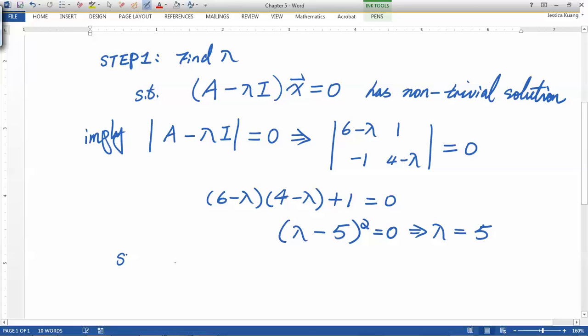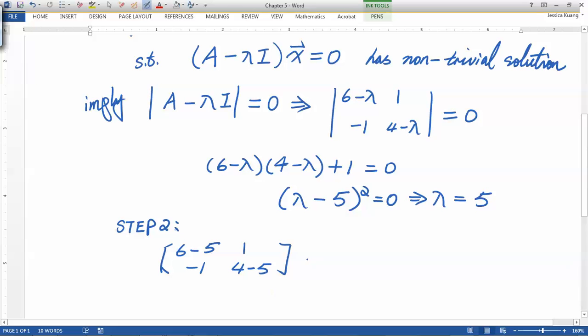So step number 2. Let's find the eigenvector. How do I find the eigenvector? Let's take A minus lambda I. So in this case, I will have 6 minus 5, 1, negative 1, 4 minus 5.